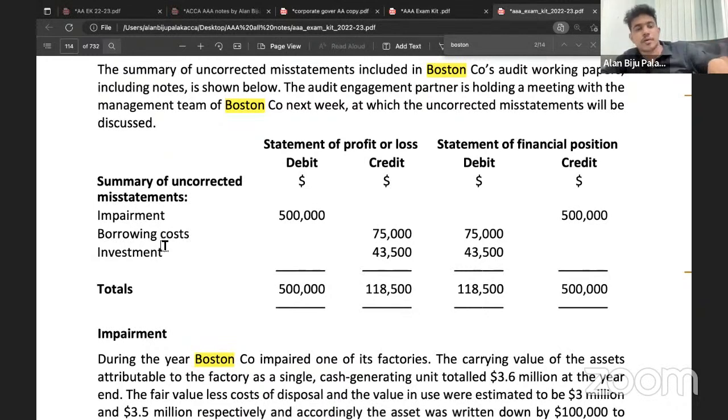Same for investment. After that, give a separate heading called audit report. Within the audit report, you will calculate the cumulative misstatement, which means the aggregate of the whole misstatement. On the basis of that aggregate misstatement, consider whether it is material, then whether it is pervasive, and finally provide the opinion and basis of opinion paragraph. Clear?